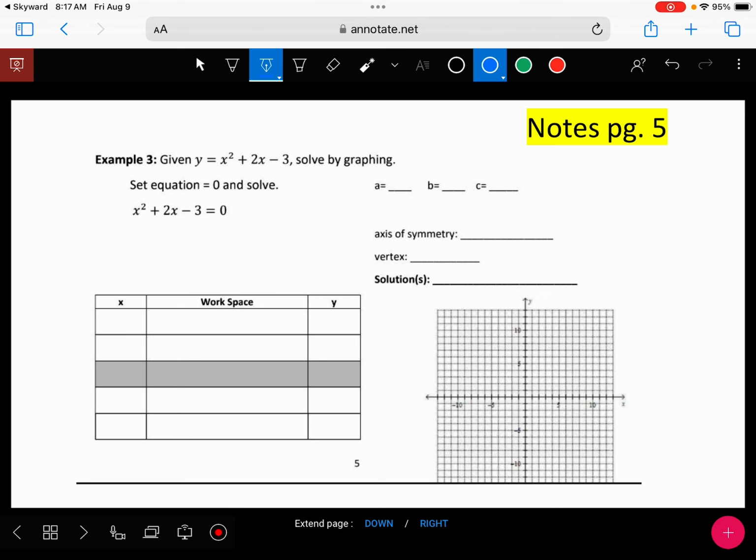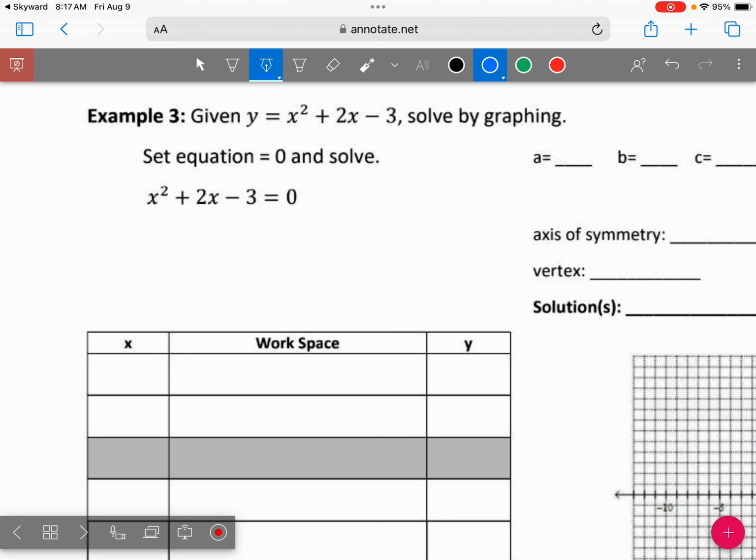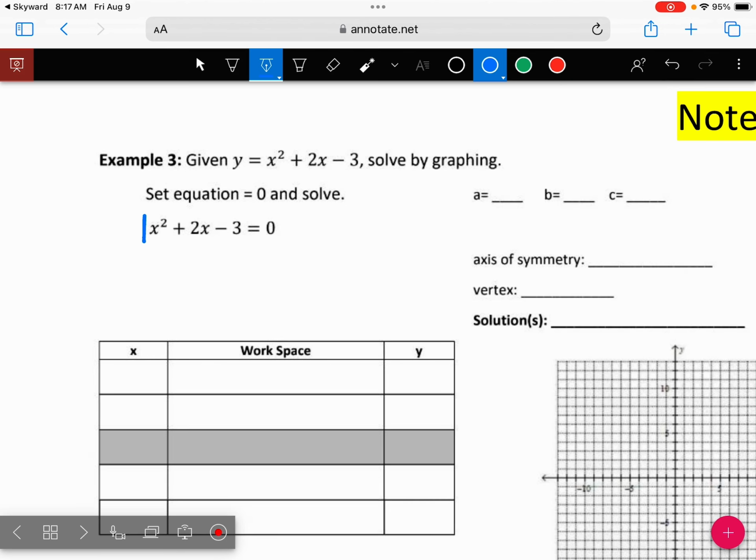And I think you all are getting pretty good at graphing. We've been doing graphing all week. So I feel like you all are doing pretty good with it. We have a little short skills check on Tuesday where you'll have to graph one. Okay, so A, in this equation, A is 1, B is 2, C is -3.